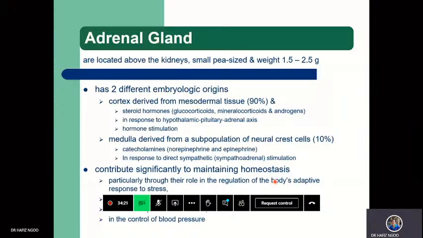So every time you are stressed, this is where the neuroendocrine system is being activated. The other one is maintaining body water through ADH, and sodium and potassium balance through aldosterone, and also the control of blood pressure by regulating blood sodium and water.